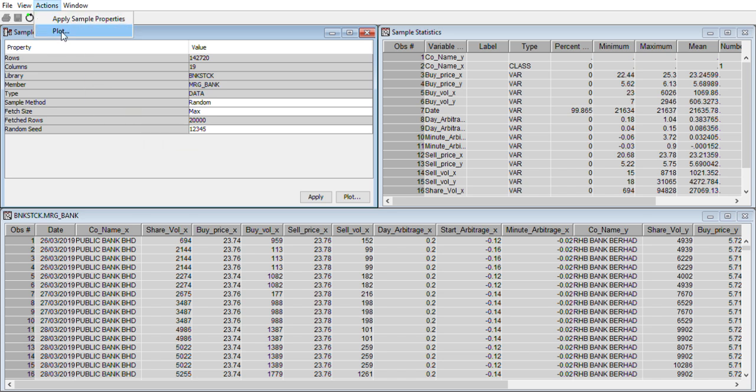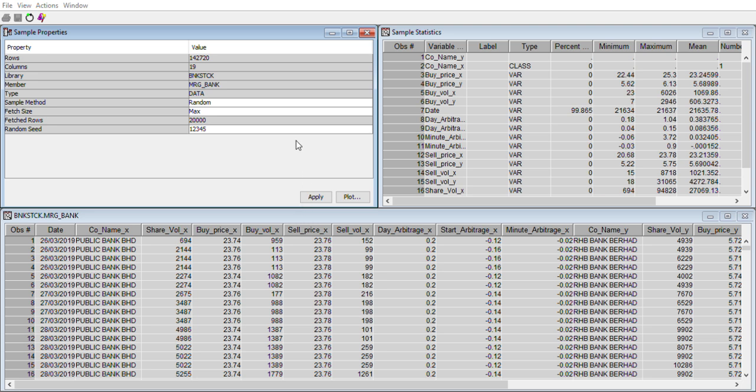So we are going to do a scatter plot, and in scatter we are going to choose the day arbitrage as an example, because that is what is in the report, but we could choose any of them. The interesting pattern was found here, so I'm going to choose this as Y, and then the buy price.